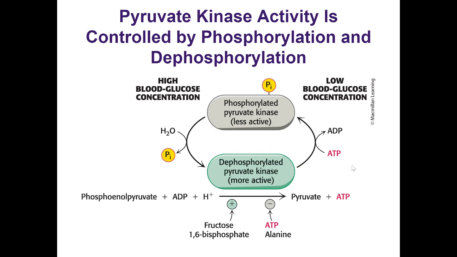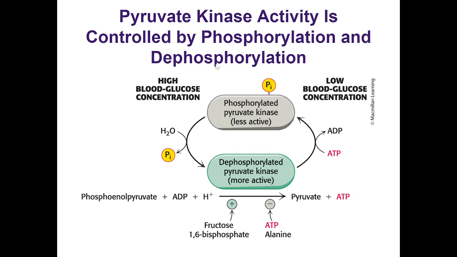So we're going to have ATP going to ADP. This is going to phosphorylate that. Notice the P. We phosphorylated that. And that's the phosphorylated pyruvate kinase. In this case, that's the less active form. Please don't get it in your head that phosphorylation means less active. Okay? In this case, yes.